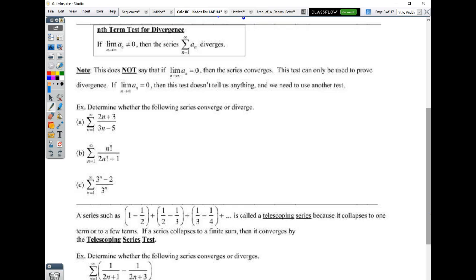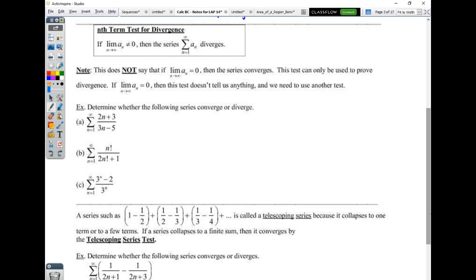I'll say that again. As long as the limit of my sequence as n goes to infinity is anything besides 0, my series diverges.